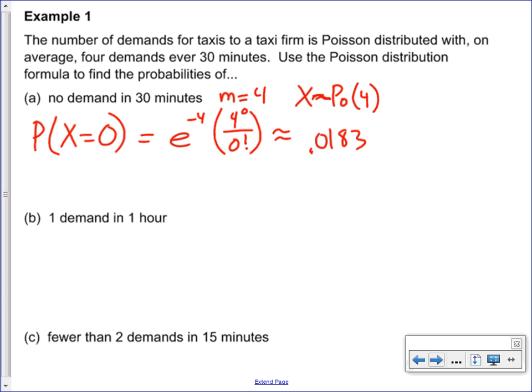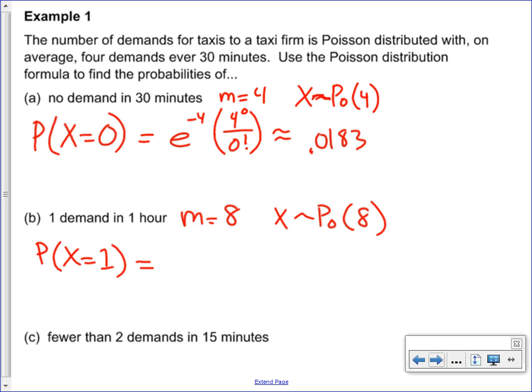All right. Let's say you have a 1 hour time interval. What would the mean number of demands be in 1 hour? It would be 8. 4 plus 4 is 8. So x would have a Poisson distribution of 8. For 1 demand in 1 hour, you're looking for x equal to 1.